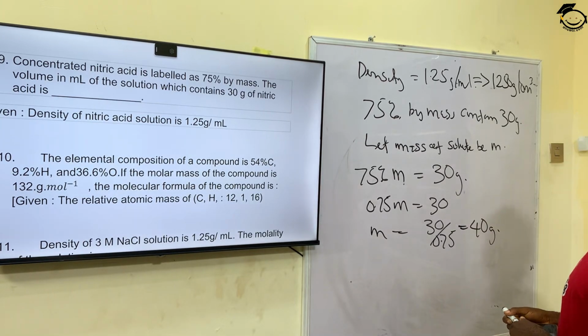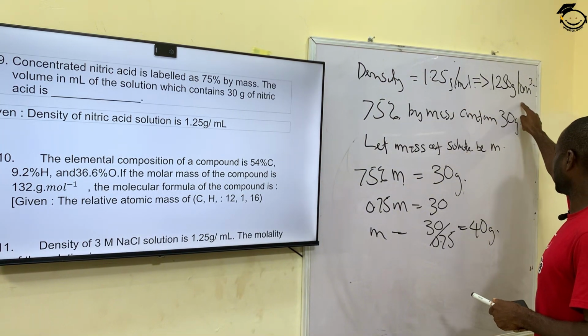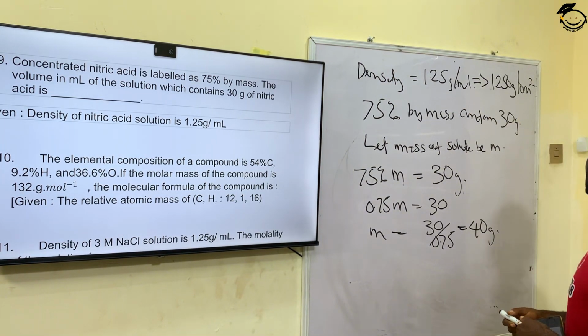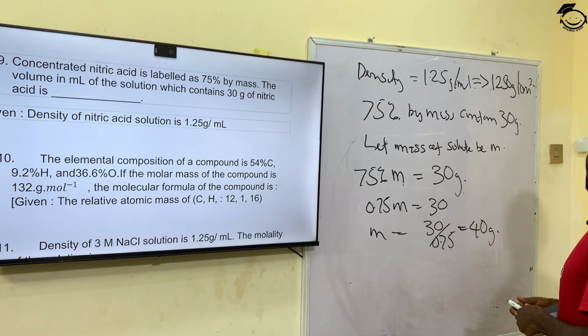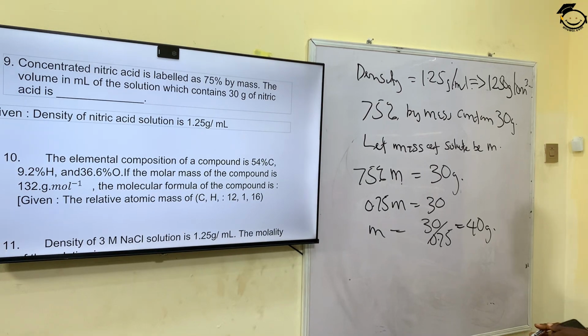That gives us the density. Is that clear? So we have the mass of the substance containing 1250 grams per dm³.